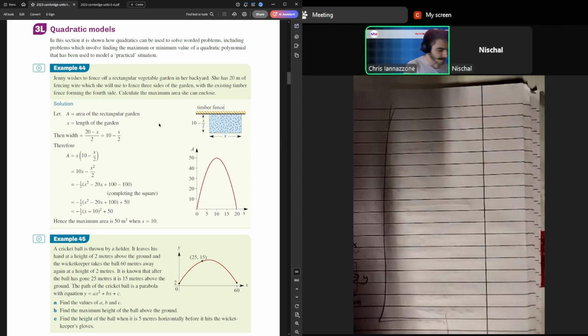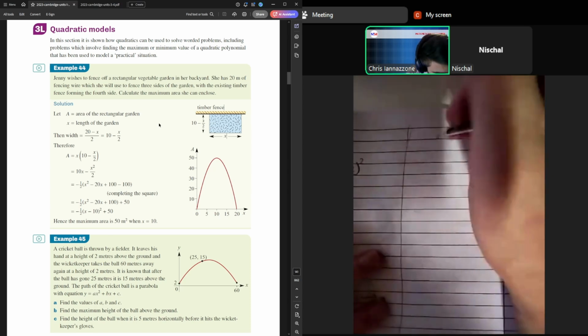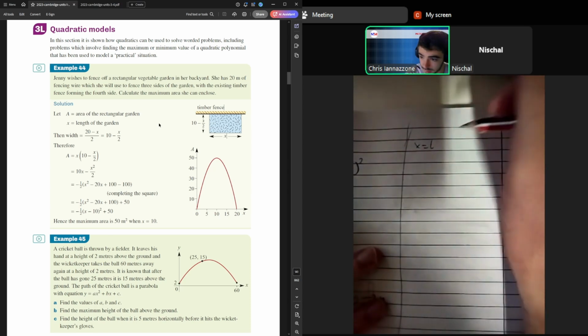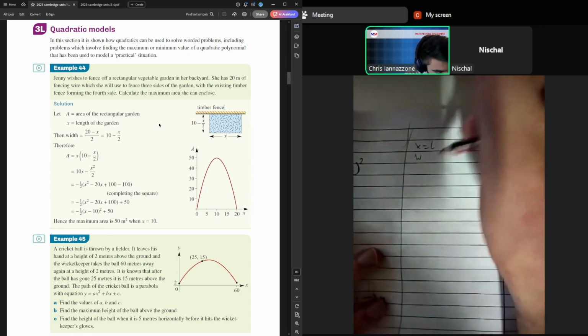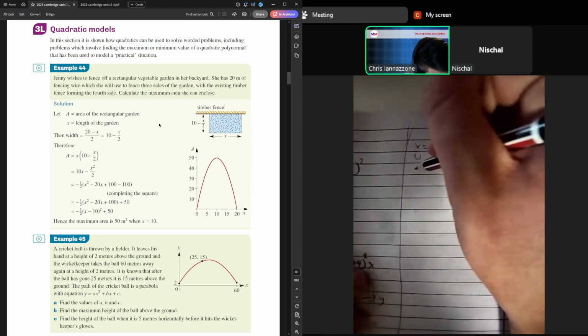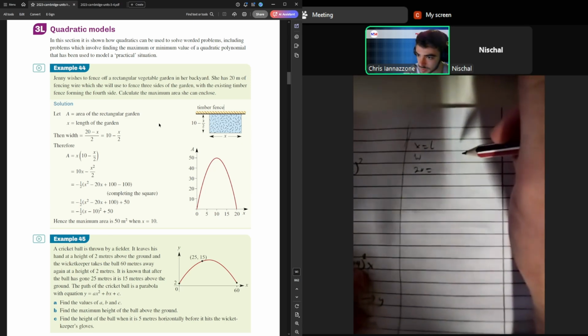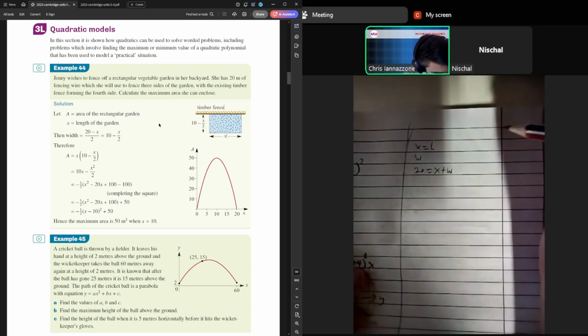Even if we label it the way I would, our x equals L, and W can be whatever W happens to be. You would say, okay, 20 meters in total, so 20 is equal to x plus 2W.